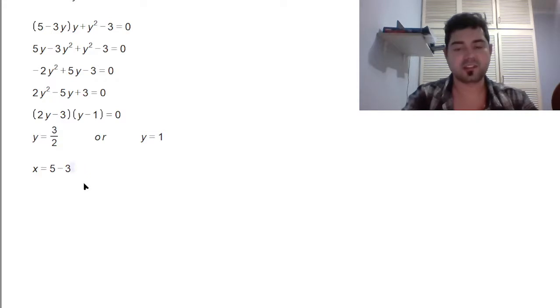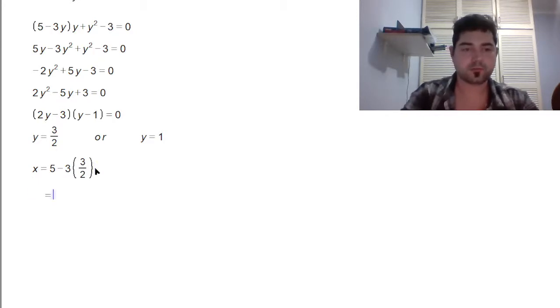So when y is equal to 3 over 2, we get 0,5, we get a half for x. That's when y is equal to 3 over 2.